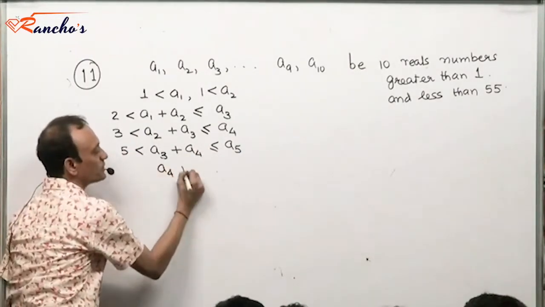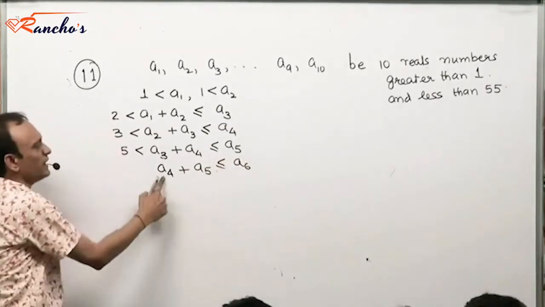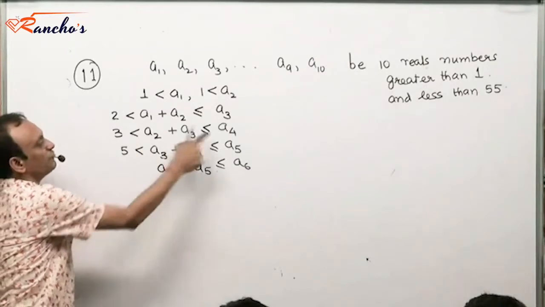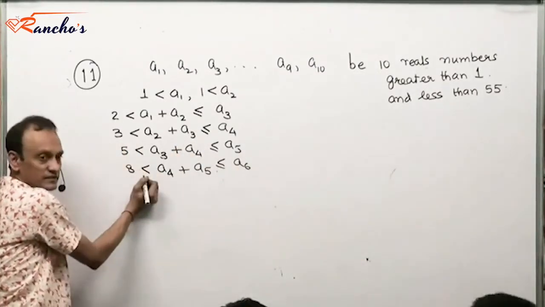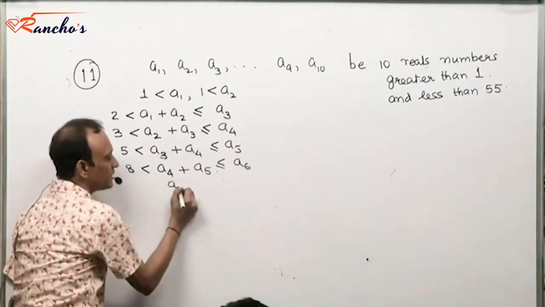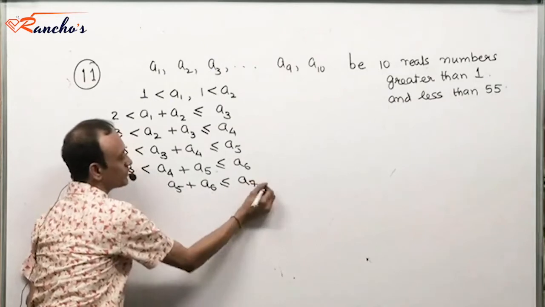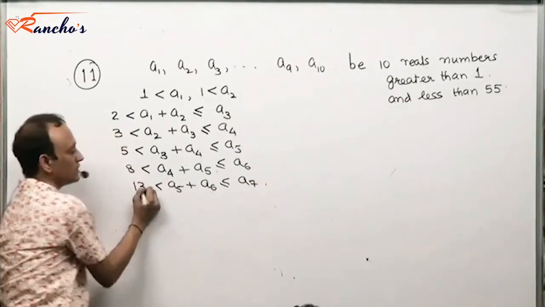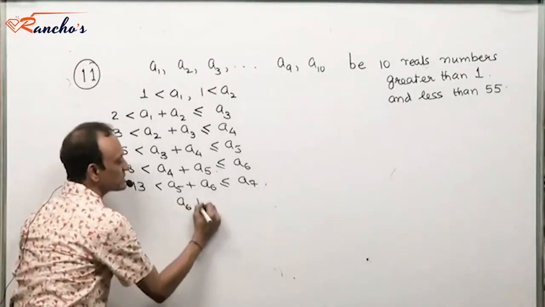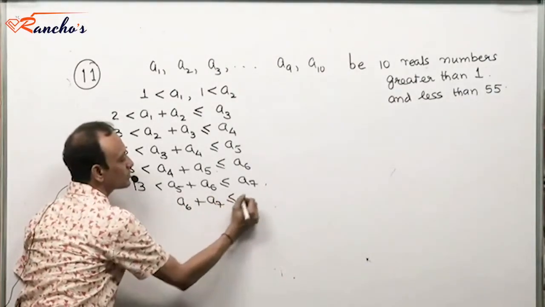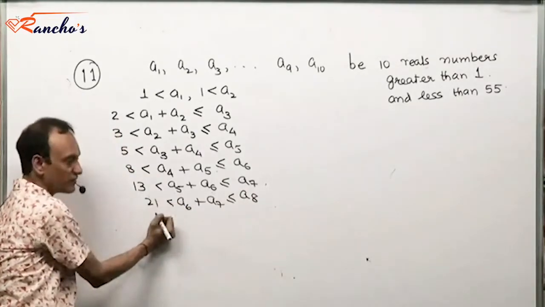Similarly, A4 plus A5, I am assuming is less than or equal to A6. A4 greater than 3, A5 greater than 5. So this is greater than 8. Similarly, A5 plus A6 less than or equal to A7, greater than 13. Yes or no? A6 plus A7 less than or equal to A8. This is greater than 21, exactly that way.